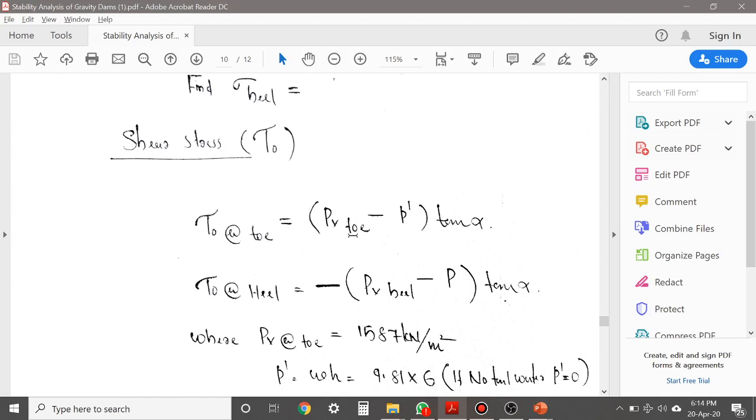Since toe means the downstream portion, it will be P dash into tan alpha. Similarly, for heel, there will be a minus. Then in bracket, instead of PV toe, here it will be PV heel, and instead of P dash, since heel is at the upstream side, it will be capital P into tan alpha.